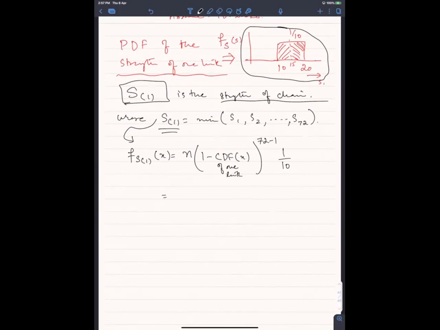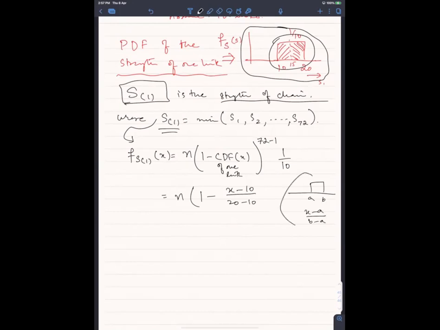So this would be equal to n into (1 minus the CDF) to the power 71. The CDF, if you recall, would simply be (x minus 10) over (20 minus 10). For a uniform between a and b, the CDF was (x minus a) over (b minus a).